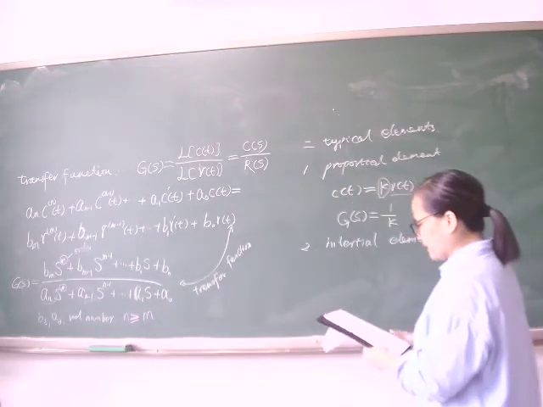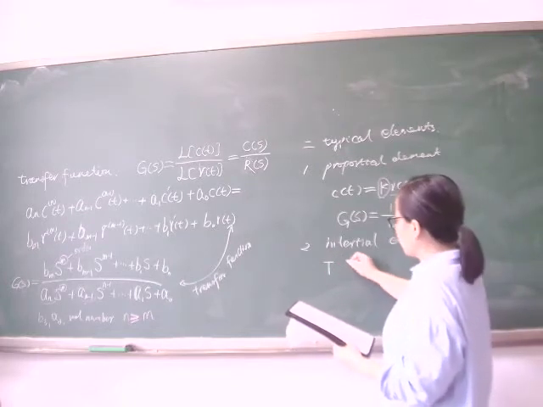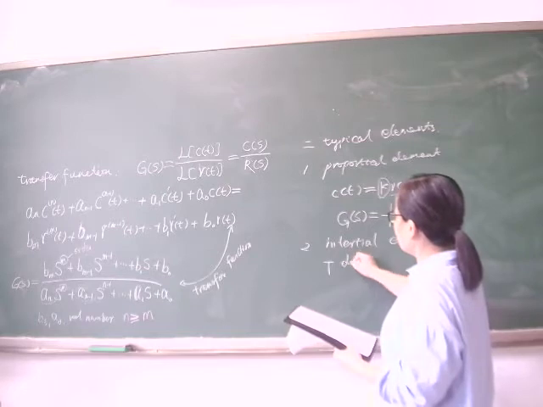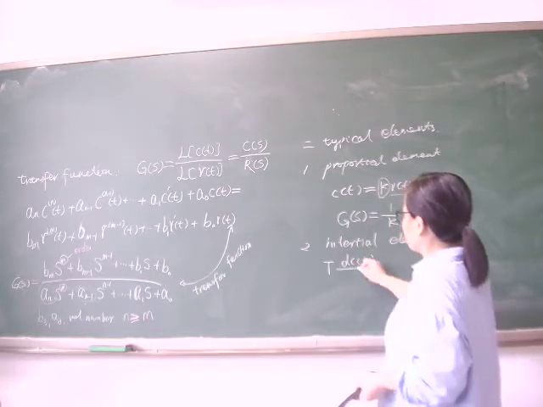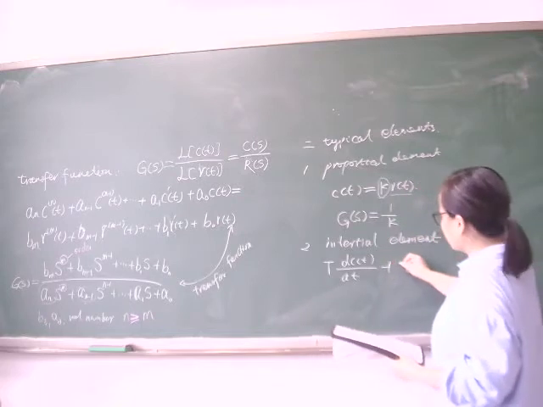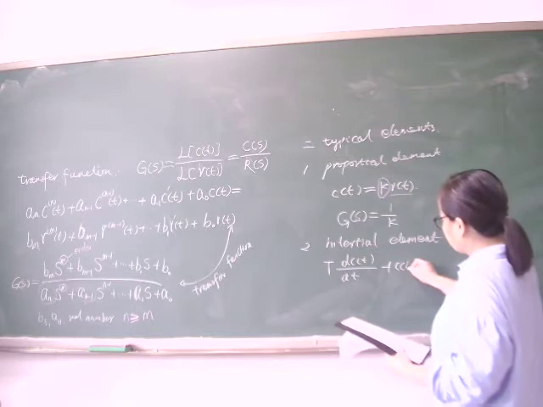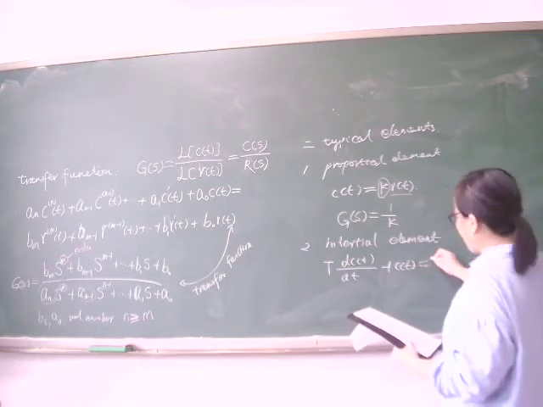Here we can write T dc(t)/dt plus c(t) equal to r(t).